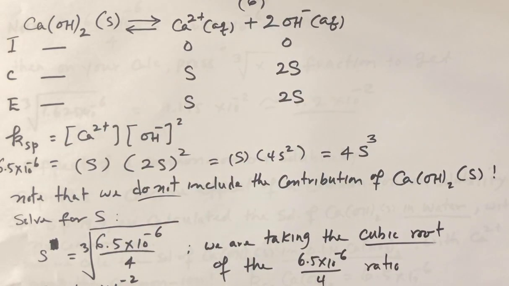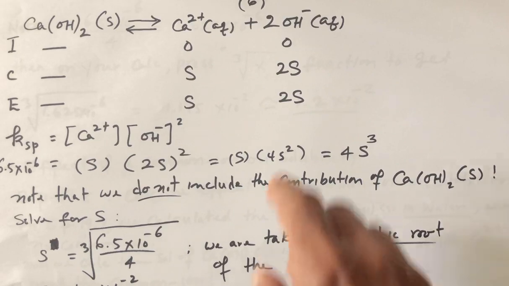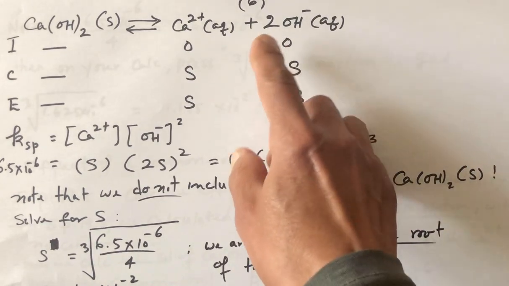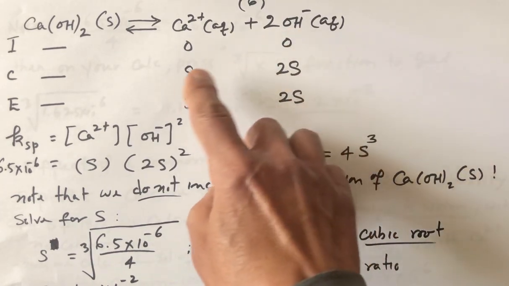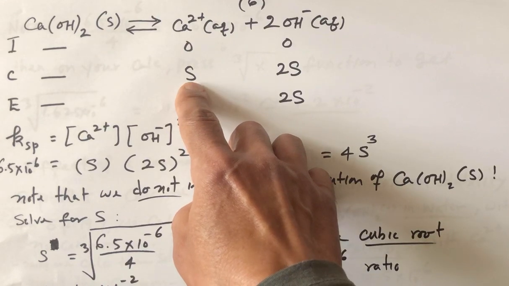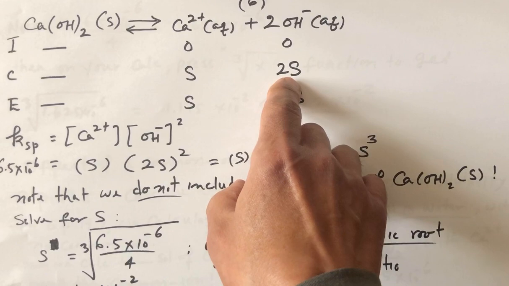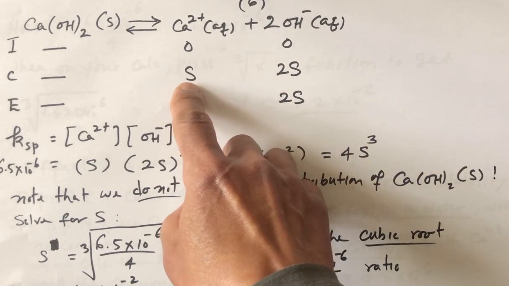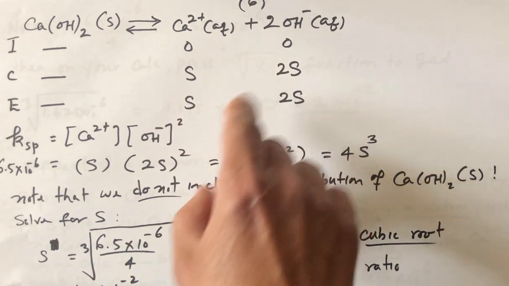Okay, so we start with the I. Initially we have nothing present, and then the change we're going to call it S for calcium 2+ and 2S for OH-. Now, the 2 is basically because of that 2 moles of OH-. So this S stands for solubility, which is the change, and it's always a positive number for a product. So this is positive S, this is positive 2S.